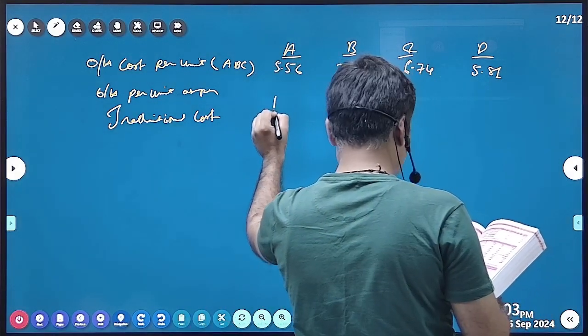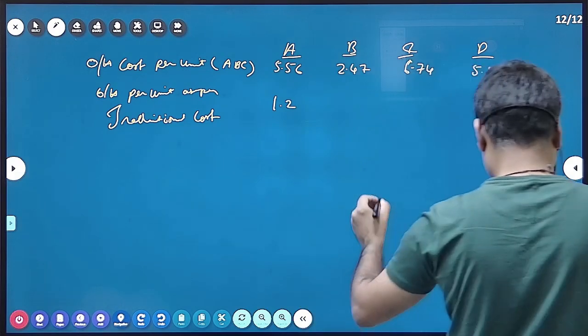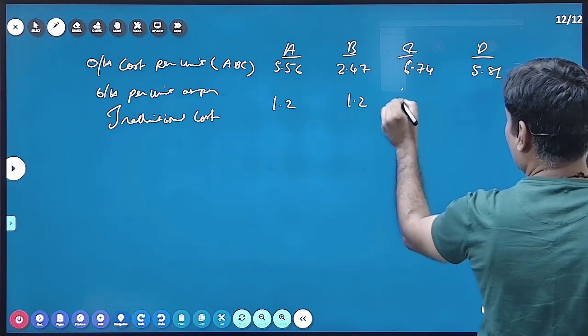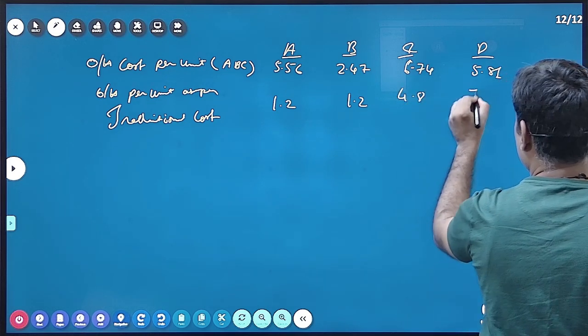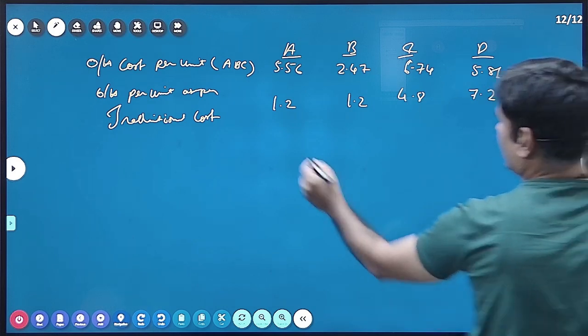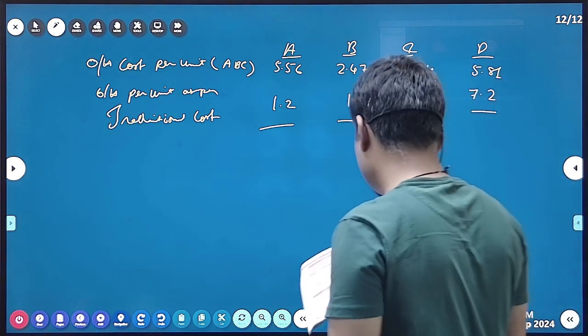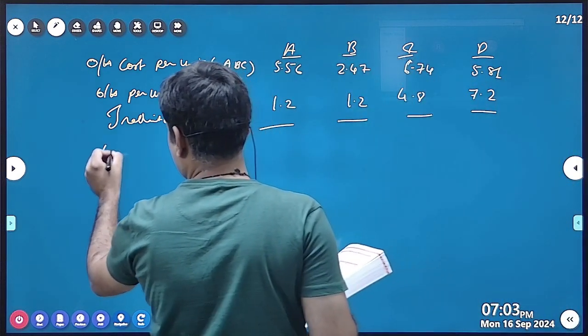As per traditional costing it is 1.2, 1.2, 4.8, 7.2. So the difference, this is what the question is asking.